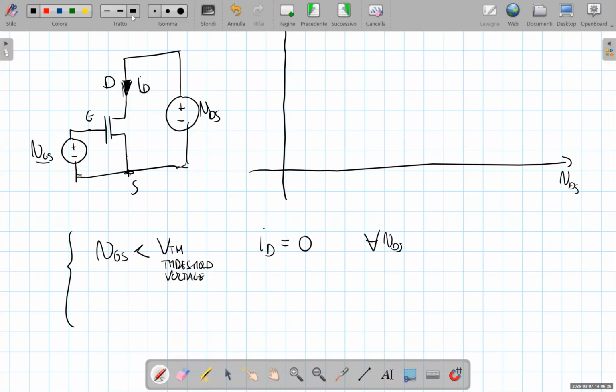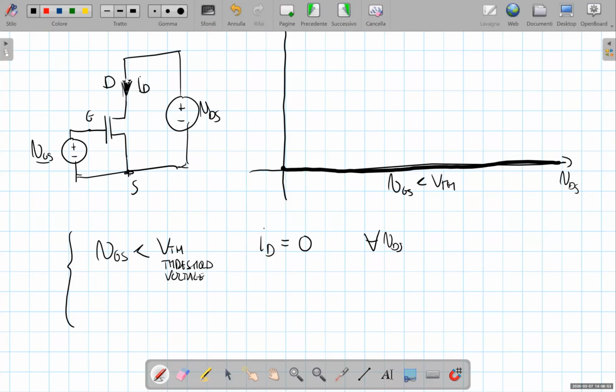So on our plane of the characteristic curves, for VGS smaller than VTH, the current flowing through the device is 0.